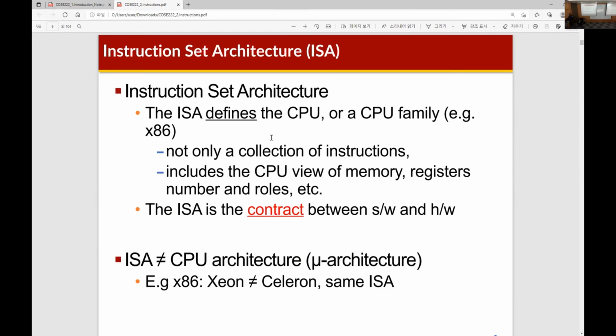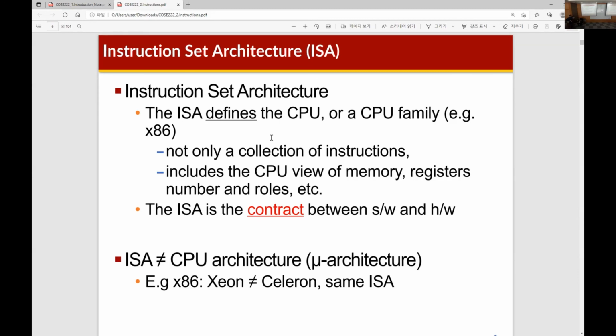And what is the instruction set architecture? We frequently call instruction set architecture ISA, the abbreviated form. This instruction set architecture just defines the CPU.